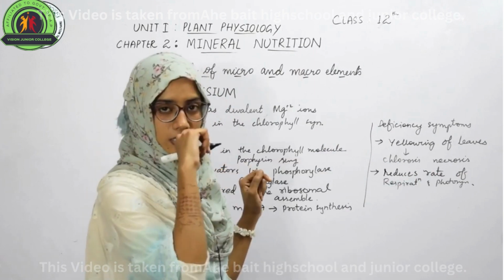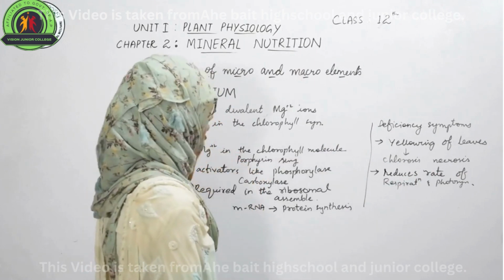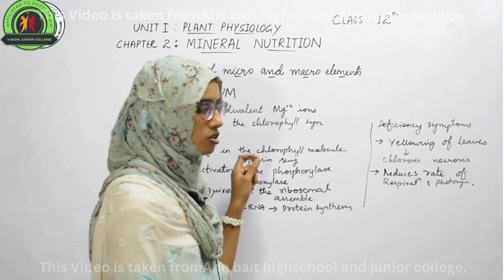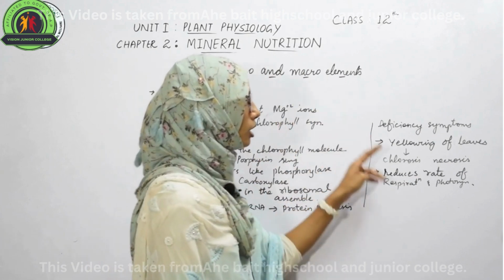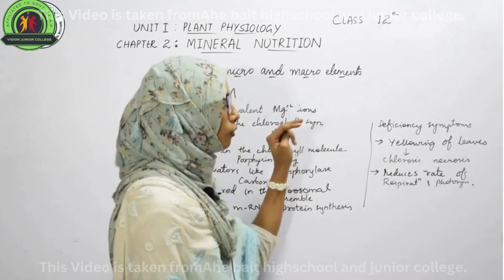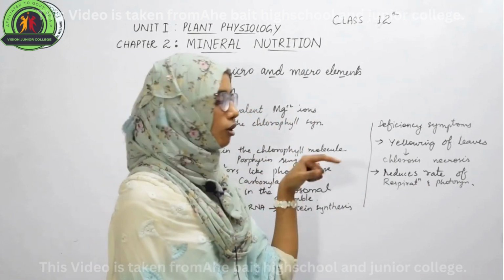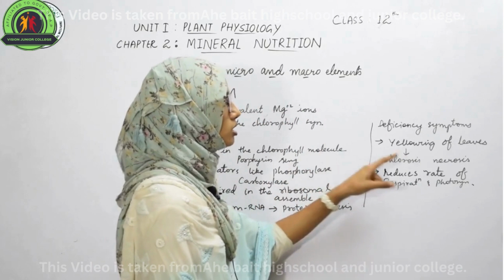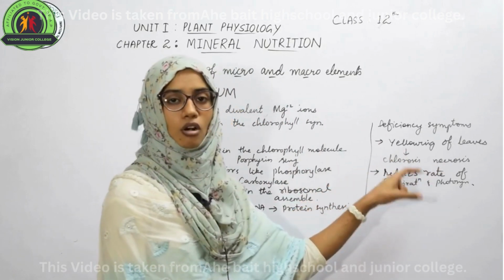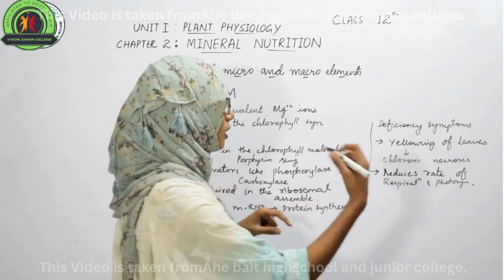While learning the functions, I explained that it helps in activating certain enzymes which are responsible for carrying out processes like respiration and photosynthesis. Due to the deficiency of magnesium ions, the rate of respiration and also the rate of photosynthesis will get lowered.